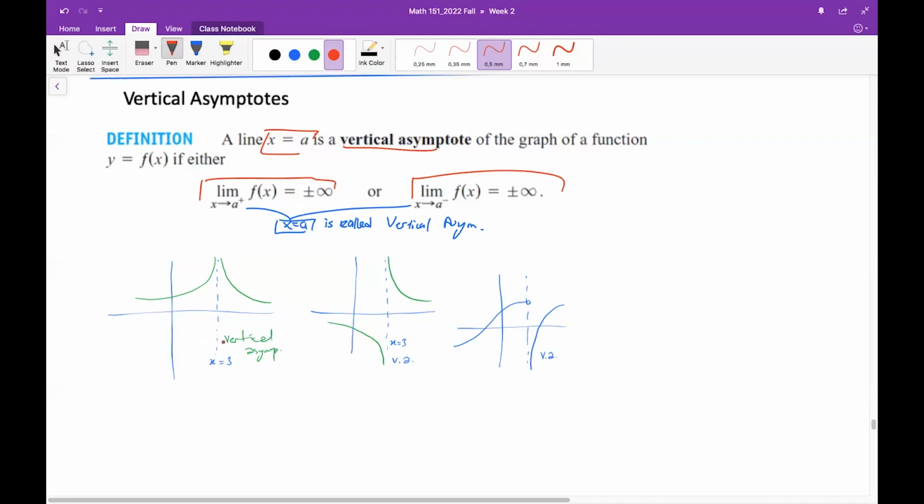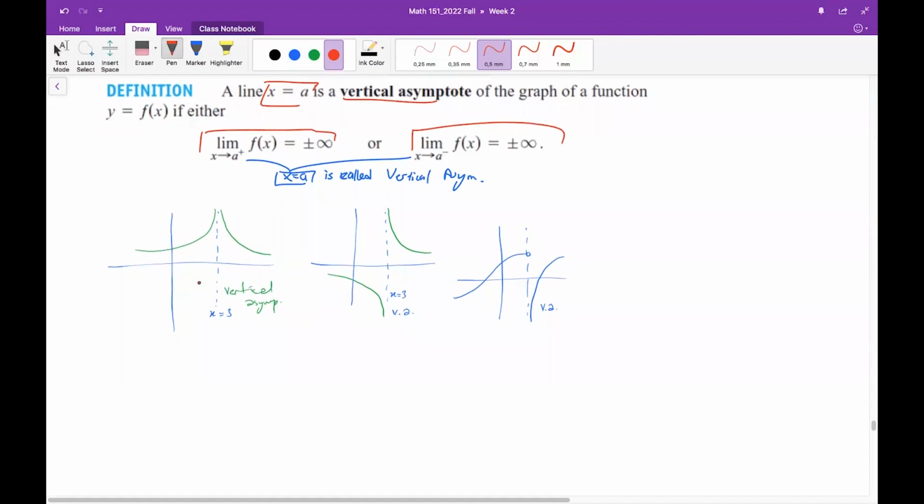So for example, let's choose a as 3. Okay, this is our y equals f of x function. If you look at the limit of this green function as x goes to 3 from the left, what happens? Look at the behavior here.